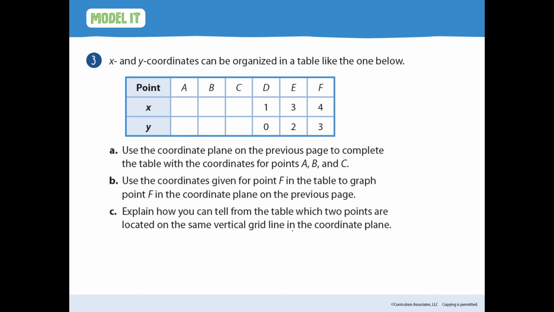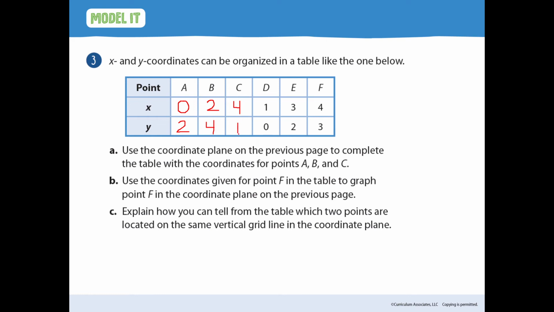Okay, so here we have point A, and the x-coordinate for A is 0, and y is 2. On point B, the x-coordinate is 2, and y was 4. And for point C, the x-coordinate is 4, and the y-coordinate is 1.